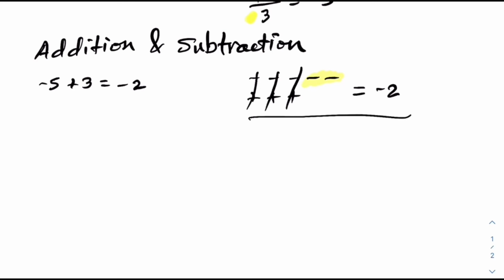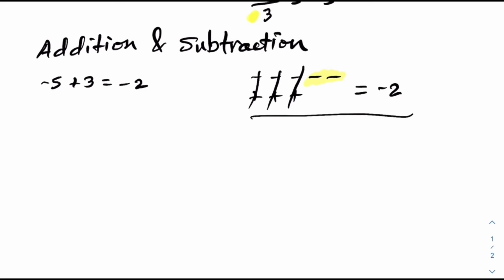Another way of looking at this is using a money perspective. Consider negative as money that you owe. Money that you owe someone.